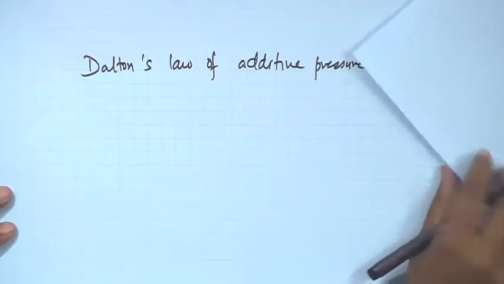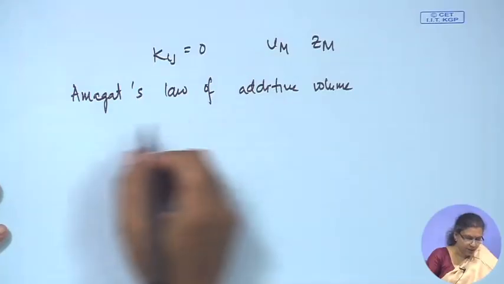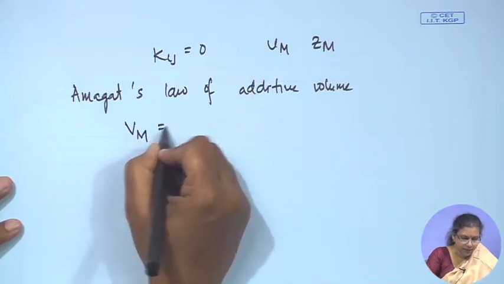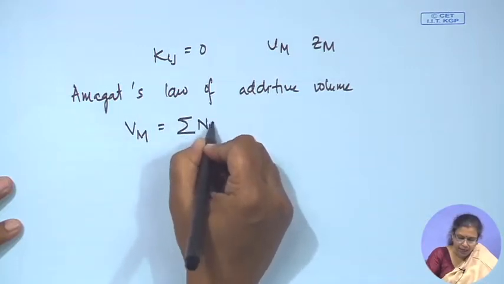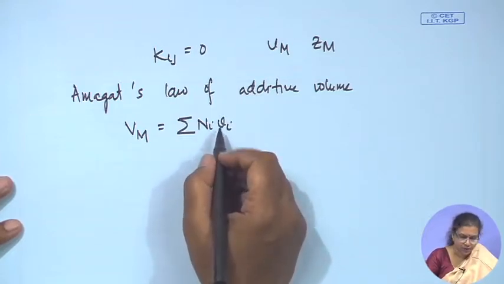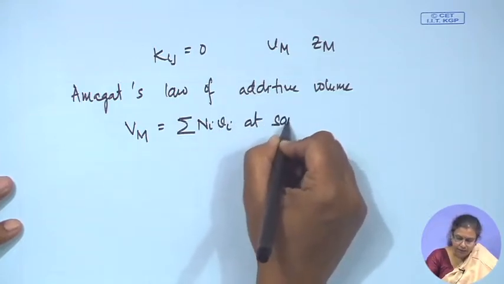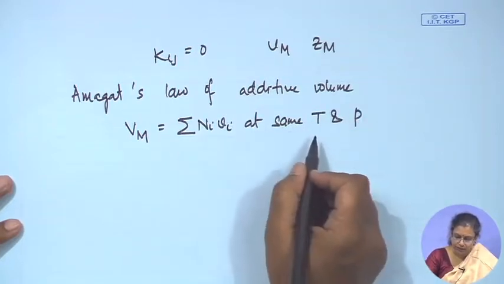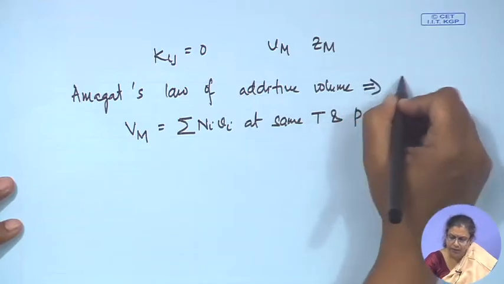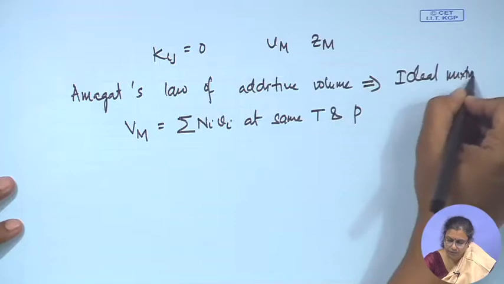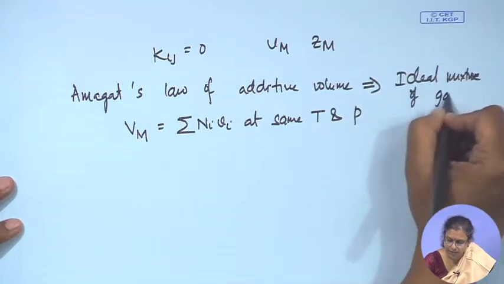What do these equations say? These equations say, for example, this equation simply says that V mixture is nothing but equal to sigma Ni Vi, since in this particular case we assume that Vi refers to the molar volume of each and every component. This is primarily applicable to an ideal mixture of gases, right.